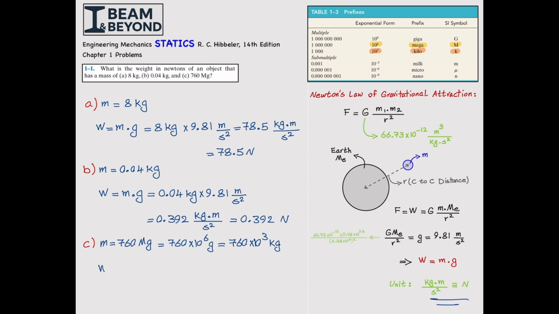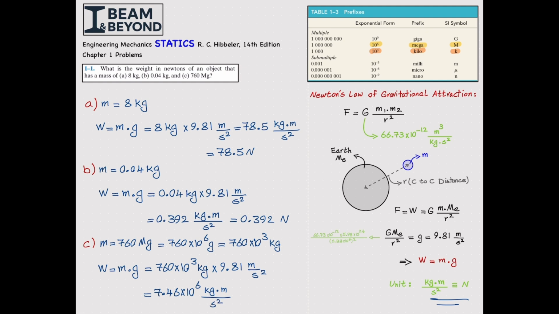Now, weight equals mass times gravitational acceleration, which equals 760 times 10 to the power of 3 kilograms times 9.81 meters per second squared. This gives us 7.46 times 10 to the power of 6 kilogram meters per second squared.